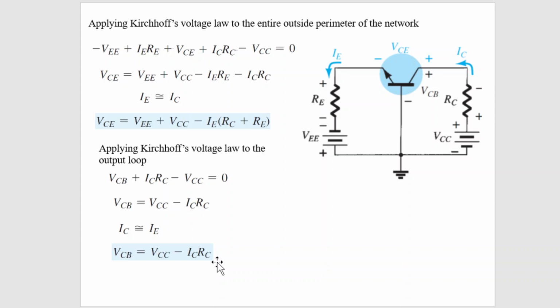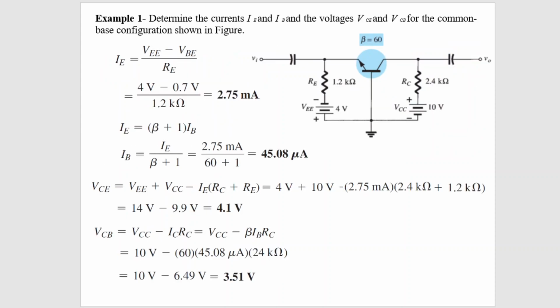So all the unknown quantities are now known in this common base configuration transistor biasing technique. Let us try to solve one numerical example based on the common base configuration biasing technique.